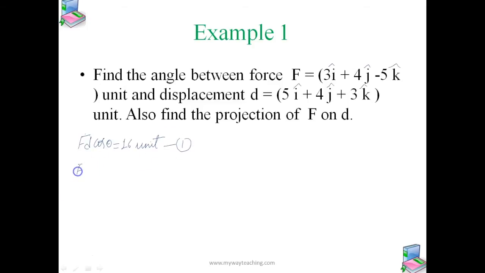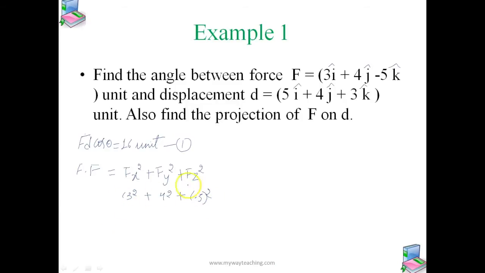Now consider F dot F. We know F dot F is Fx square plus Fy square plus Fz square, isn't it? The value of Fx is 3 square, Fy is 4 square, and Fz is minus 5 the whole square.